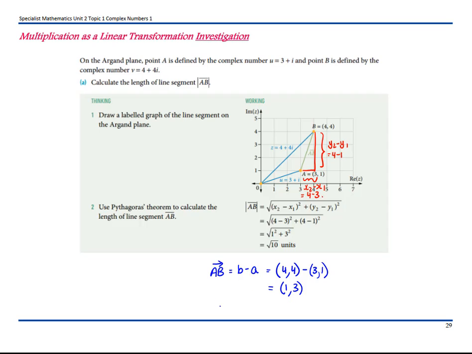And then to find the length of AB, the modulus of it, you would use Pythag. So you get 1 squared plus 3 squared, which is the square root of 1 plus 9, which is the square root of 10 units, which is the same answer. Okay, so complex numbers are no different to what we did in vectors.